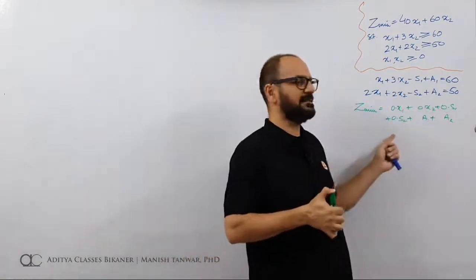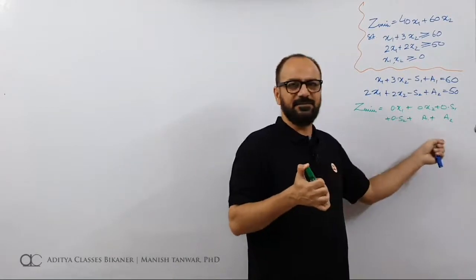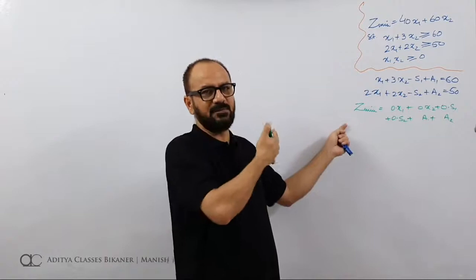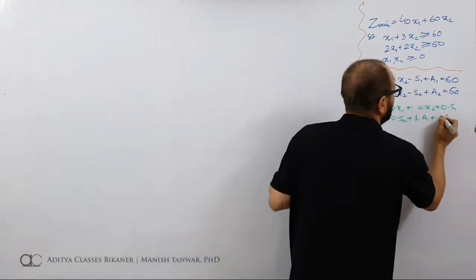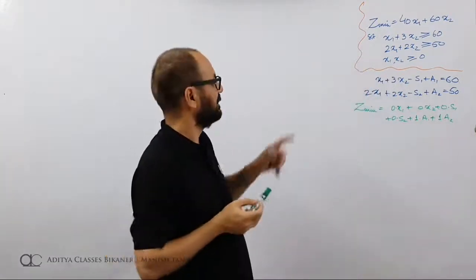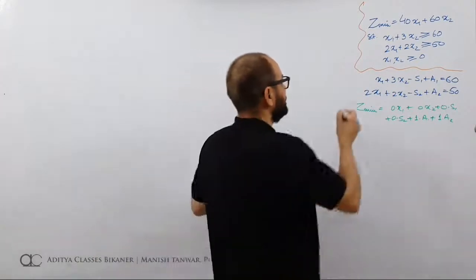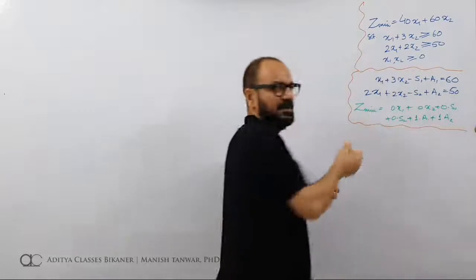If there were a slack it would have been 0. And what will be the coefficients of artificial variables? Because it is minimization, it will be plus 1. If it was a maximization, it would have been minus 1. For now the coefficients are 1. This is my formulation of the problem. This is my conversion into standard form. From canonical I have moved into standard form.